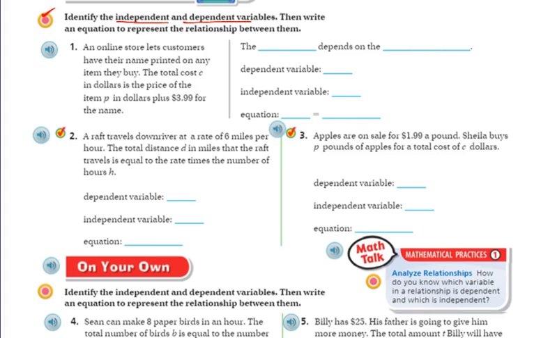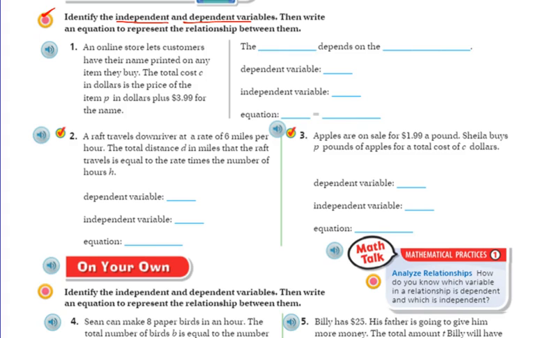So question 1 here. I'm going to read it through one time and then I'm going to mark it up the second time. An online store lets customers have their name printed on any item they buy. The total cost C in dollars is the price of the item P in dollars plus $3.99 for the name. All right, let's read it one more time and we'll mark it up.